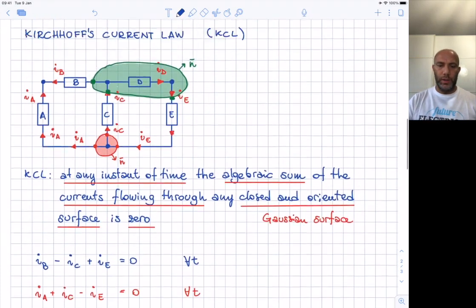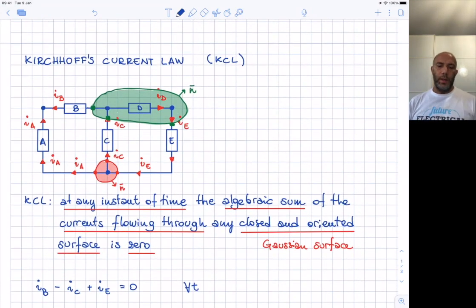If we consider, for example, the surface that we are using for this Kirchhoff current law, we can see that the current IE is flowing towards the surface, while the currents IA and IC are flowing outside.